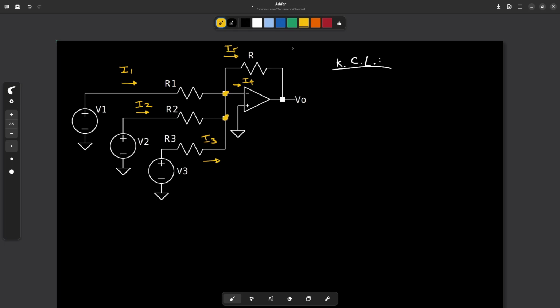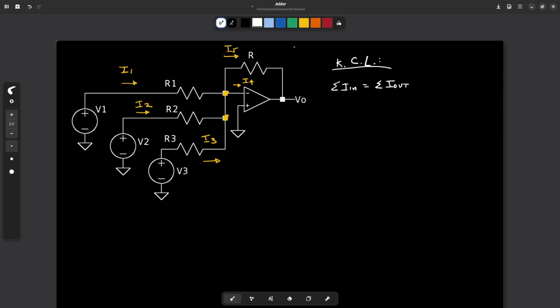Okay, so remember that Kirchhoff current law states that the addition of the incoming currents equals the addition of the outgoing currents from the node.